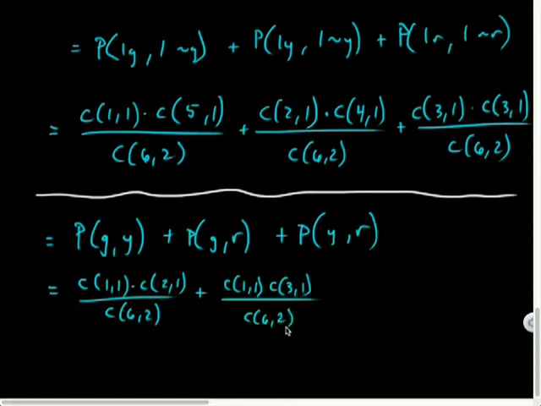Combo 6-2. Plus probability of yellow. How many yellow were there? 2. So selecting 1 from the 2. Probability of red was selecting 1 from the 3 over combo 6-2.